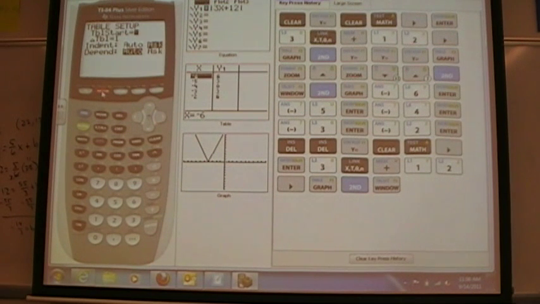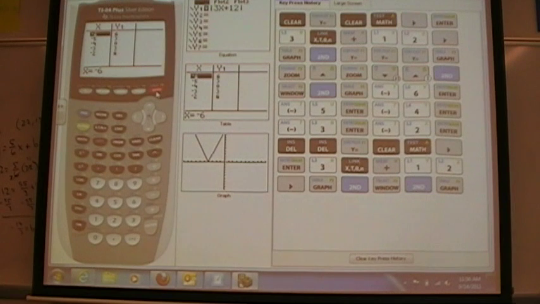That's going to allow me to plug in whatever I want for the x values. Okay. Then to get your table, you hit second graph. You may have numbers on there already, which is fine. You can type over the numbers since you're set to ask.